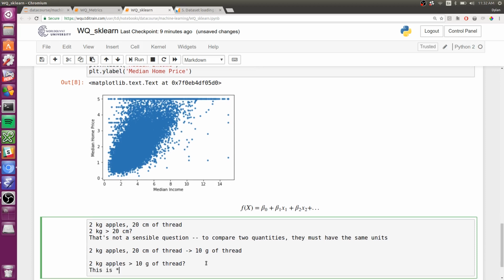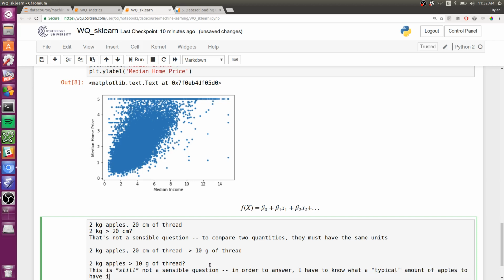This is still not a sensible question. In order to answer, I have to know what a typical amount of apples to have is, and what a typical amount of thread is.